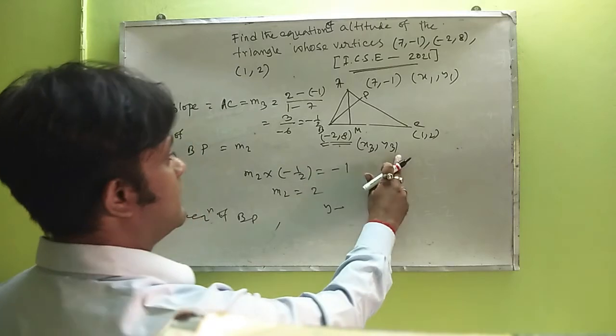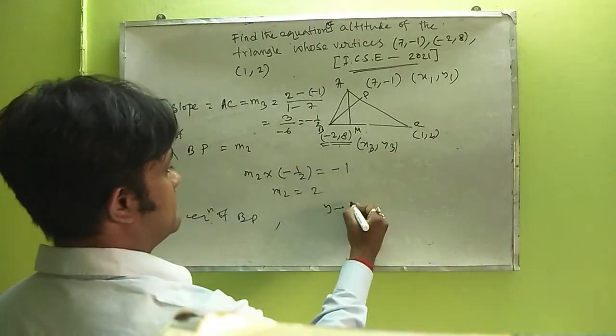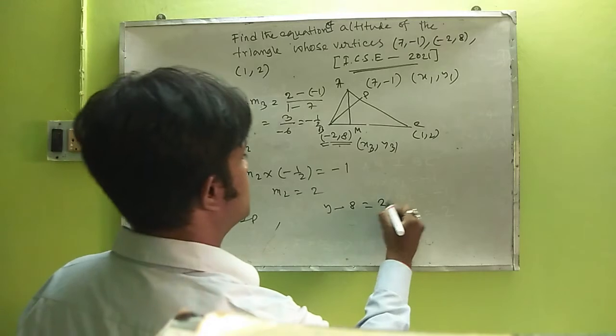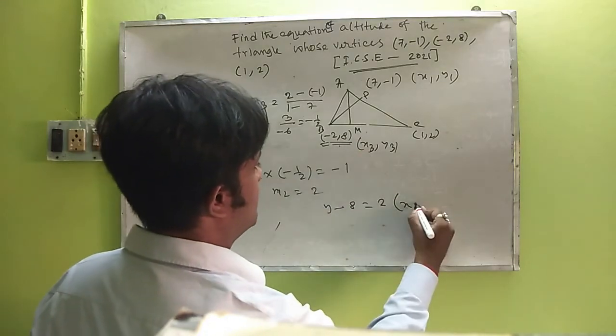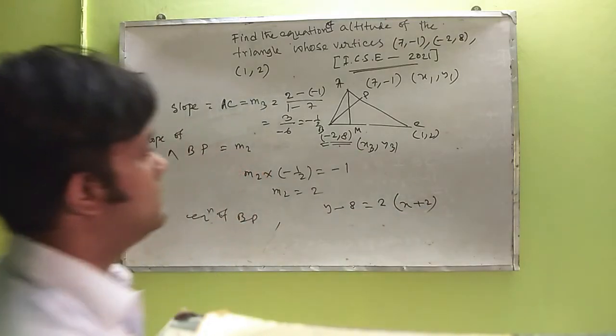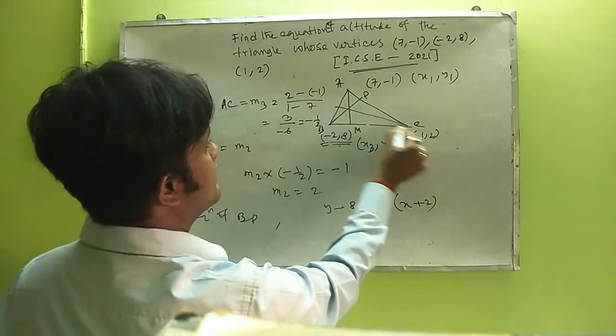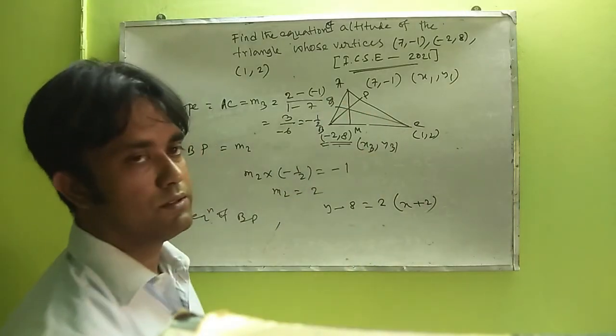So use this x3 and y3, y minus 8 equals m, which is 2, times x minus x1, that is x plus 2. In the same process you should calculate CQ, which is perpendicular.